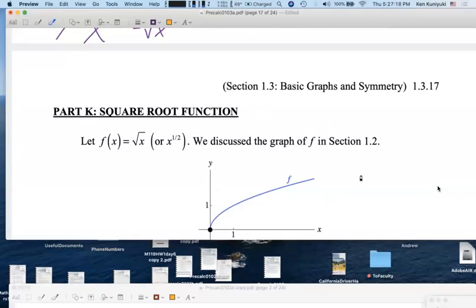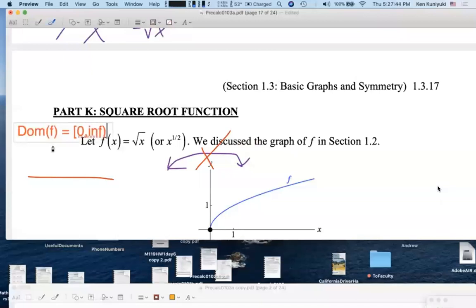But now, is the square root function an even function? Is it symmetric about the y-axis, the graph? And the answer is no. What's the problem? The domain of the function is the set of non-negative reals.